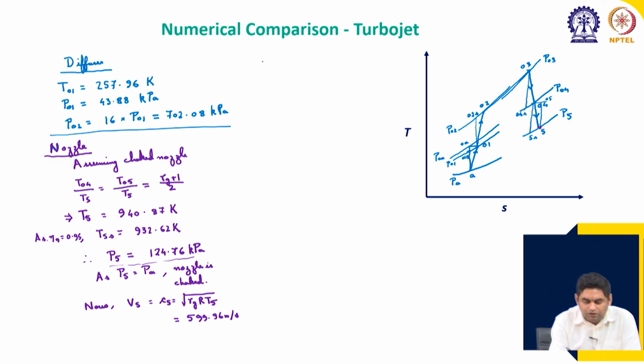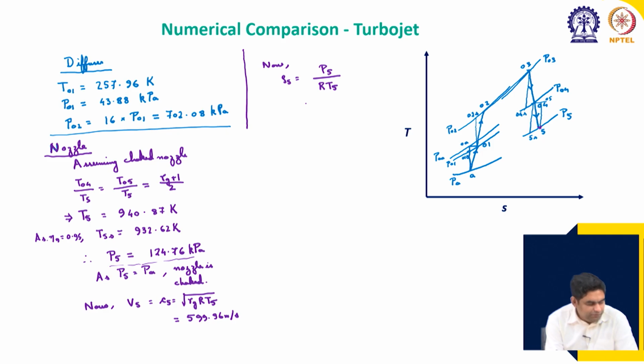Density rho5 is equal to P5 by R T5. P5 is 124.76 into 10 to the power 3, R is 287 and T5 we have calculated as 940.87. Substituting these values, we get the density to be 0.462 kg per meter cube.